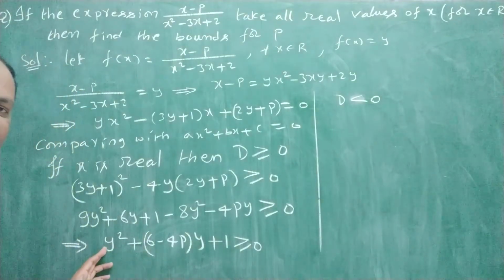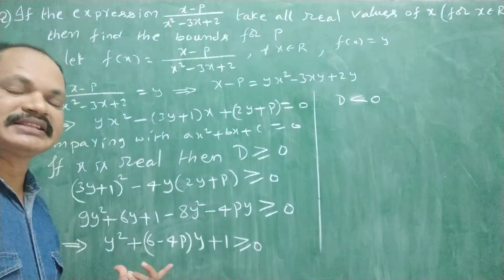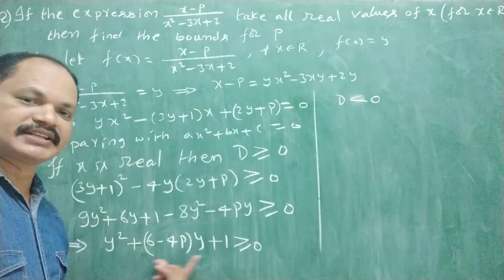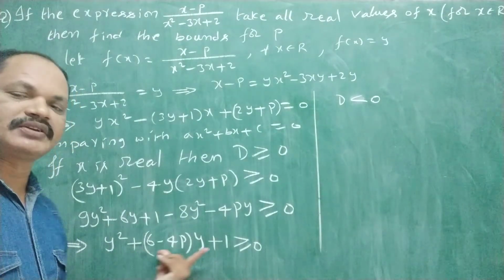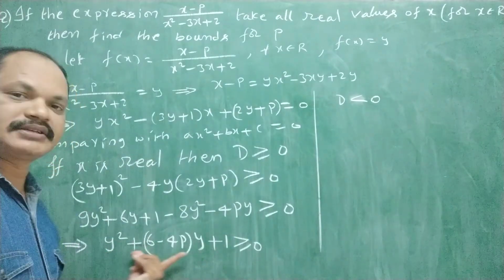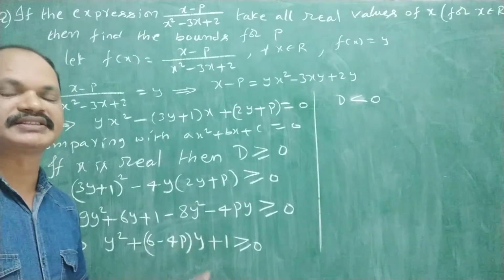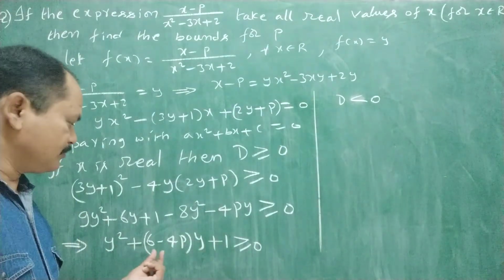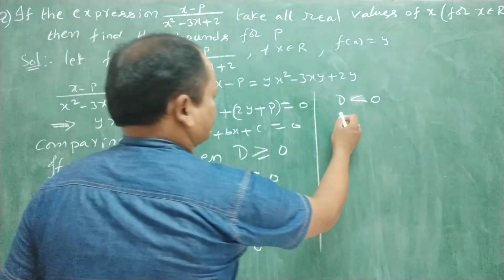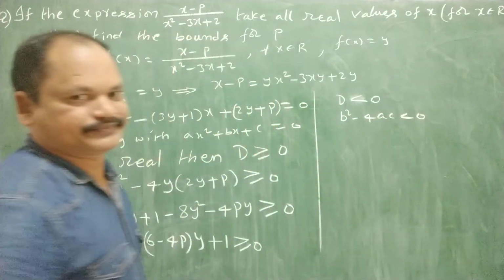Again this is compared with ax square plus bx plus c. Since this is a quadratic inequation in terms of y, we compare with ax square plus bx plus c, where a is 1, b is 6 minus 4p, c is 1. That's why the discriminant less than 0, that is b square minus 4ac less than 0.